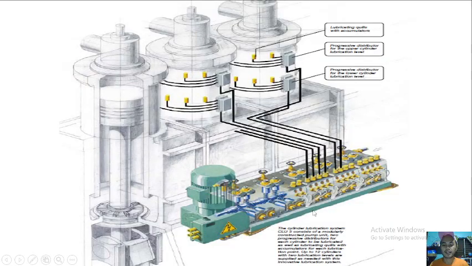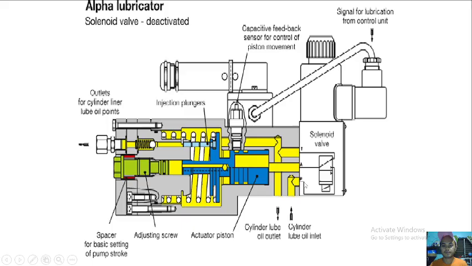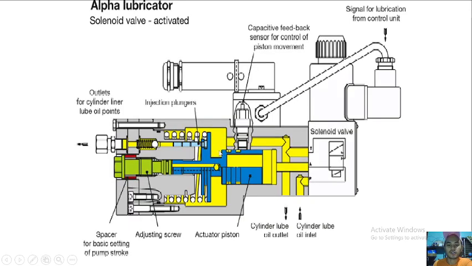So this is like a common rail or something, a cylinder lubricator. We also have the Alpha lubricator. Depending on the load, it adjusts its lube oil production.